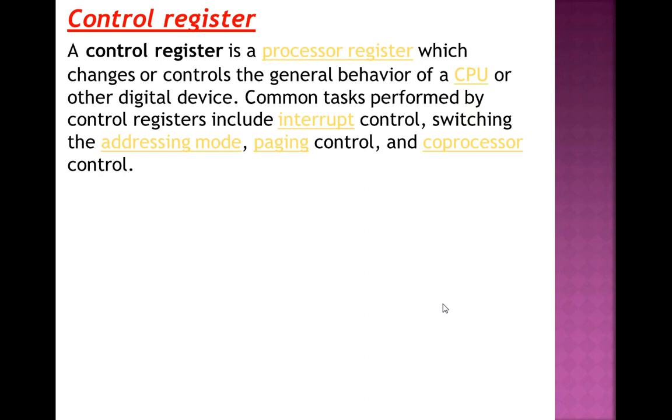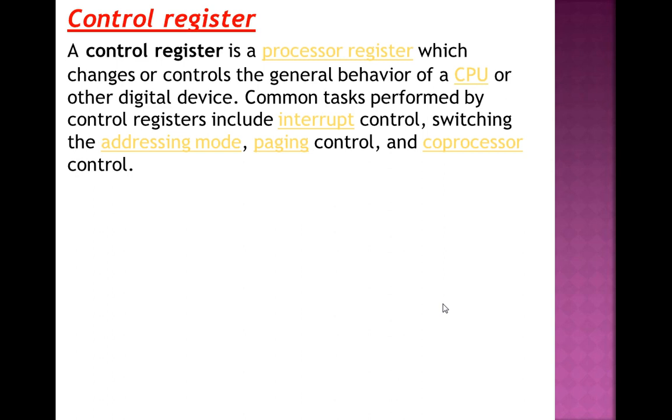So a control register is a processor register, meaning it's a CPU register that is used to change the behavior of a CPU or other digital device. A control register is used for controlling the various modes of a computer system. Various modes means there are multiple modes by which we can access the data.